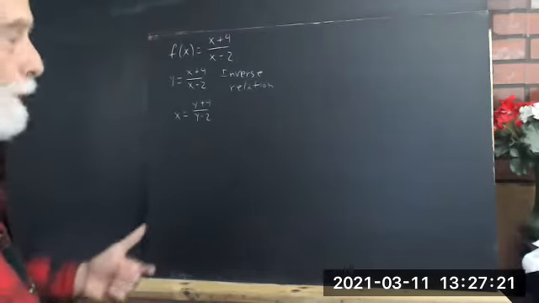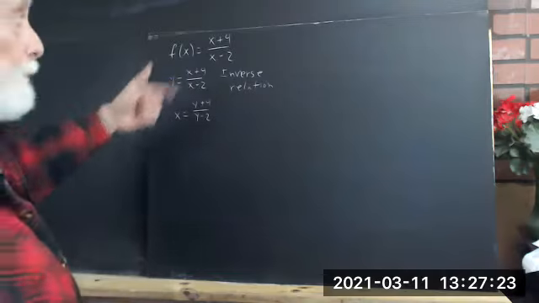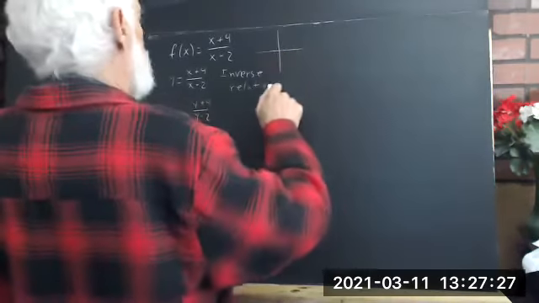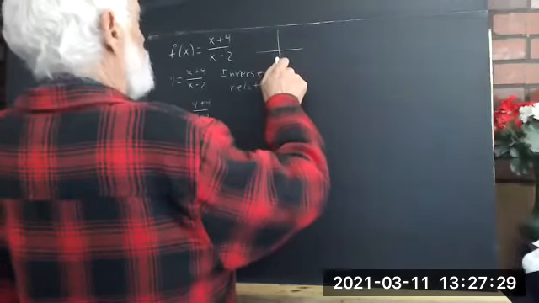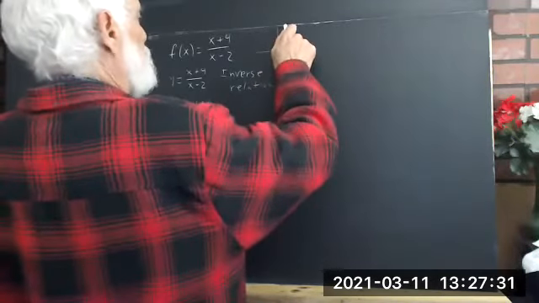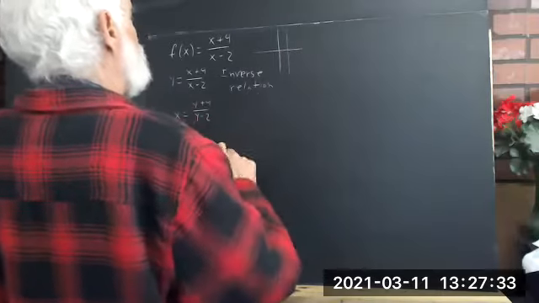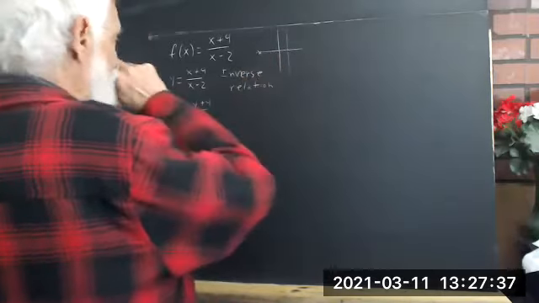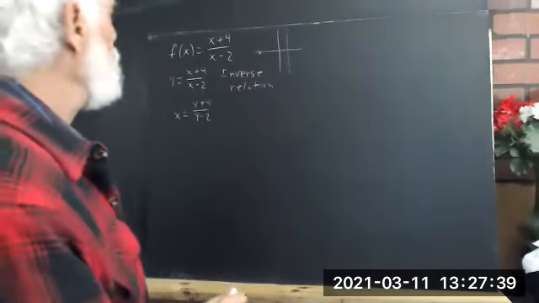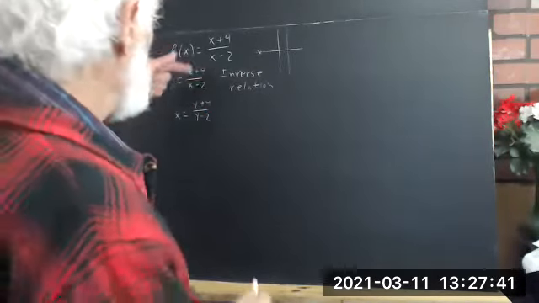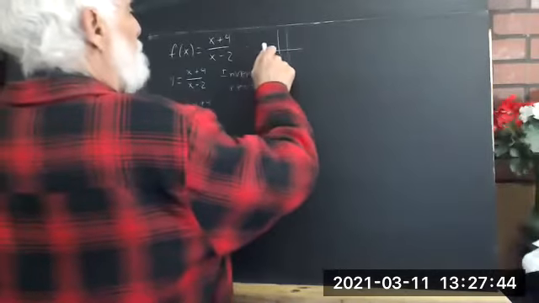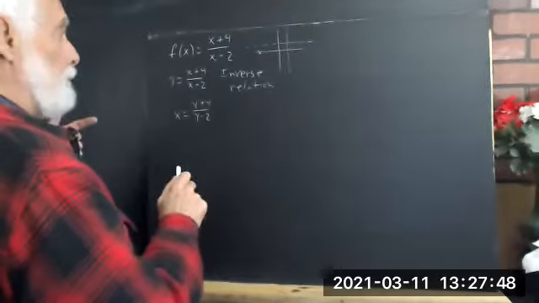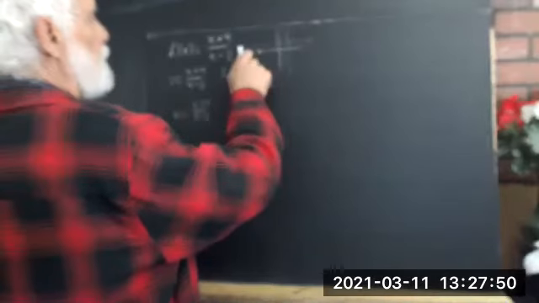You're going to have to restrict your domain on this function. Now, the graph of this function has a vertical asymptote at x equals 2, and crosses zero at x equals negative 4. It's going to approach y equals 1 at both extremes. So the graph is going to look like this.